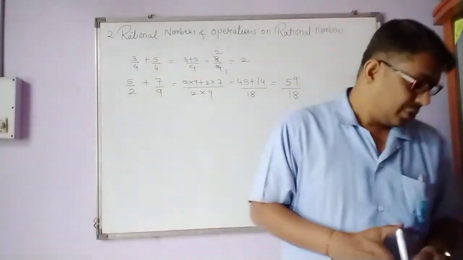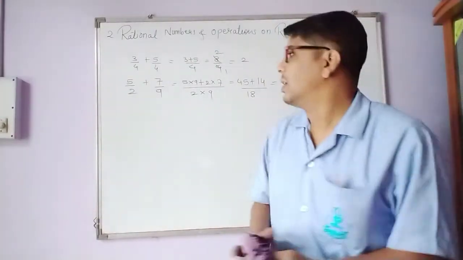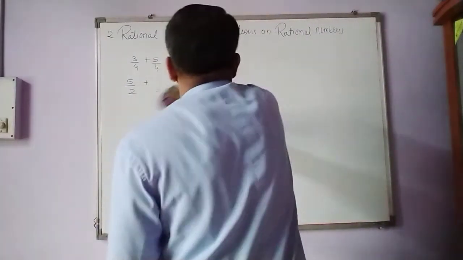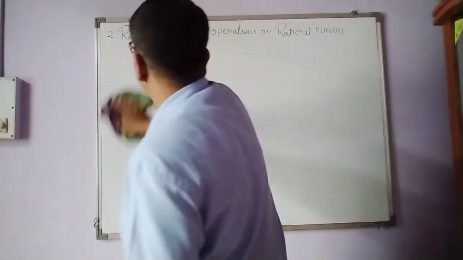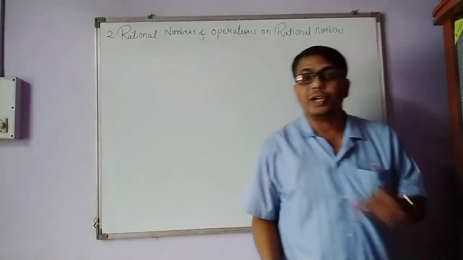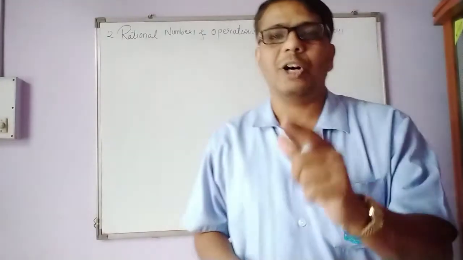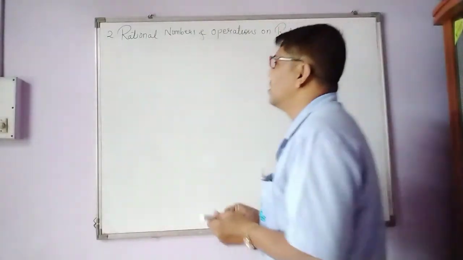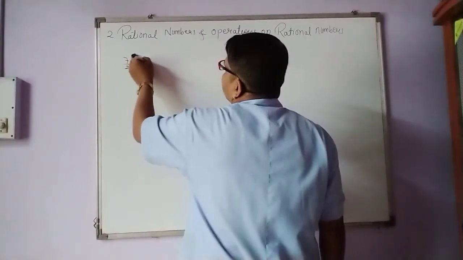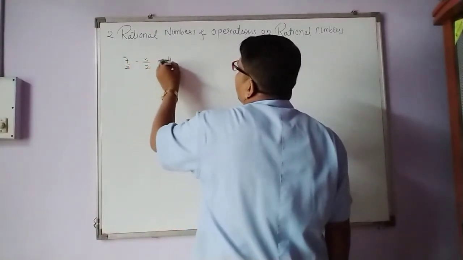Do you understand? So this is addition of rational numbers. Similarly, you can do the subtraction. If denominators are same, you can simply subtract the numerators. But if denominators are not same, then go for equalization. Okay, for example, suppose 7 upon 2 minus 3 upon 2. So what will it be? 4 upon 2.